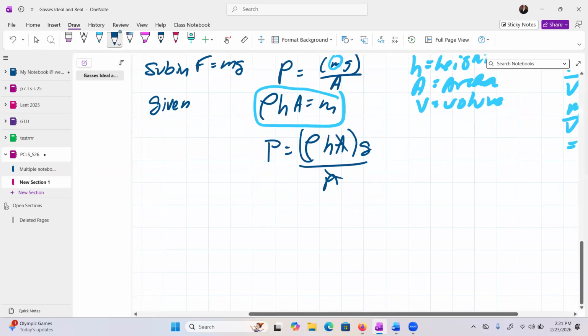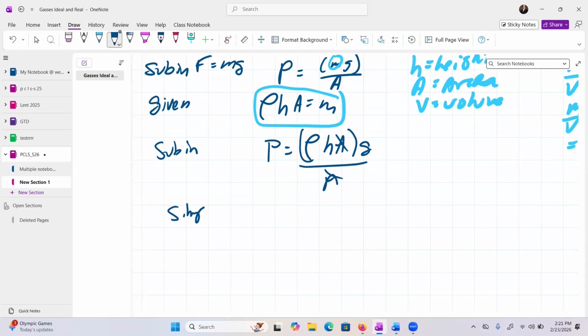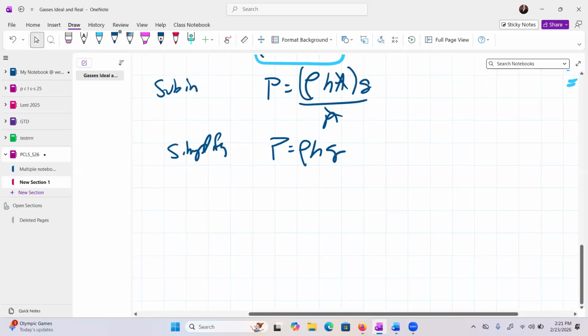So this was the substitution, and this is simplified. I get the pressure equals rho H g. All right, so now the pressure can be calculated knowing just the density and the height and, of course, the gravity. So let me show you how you can do it.